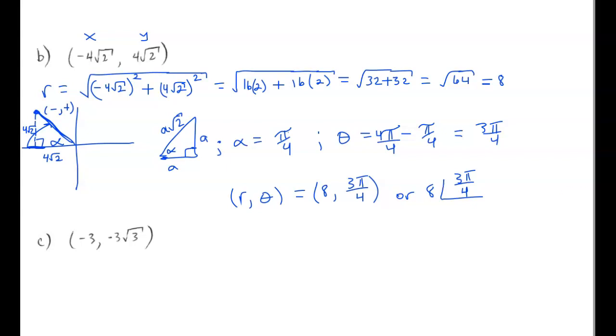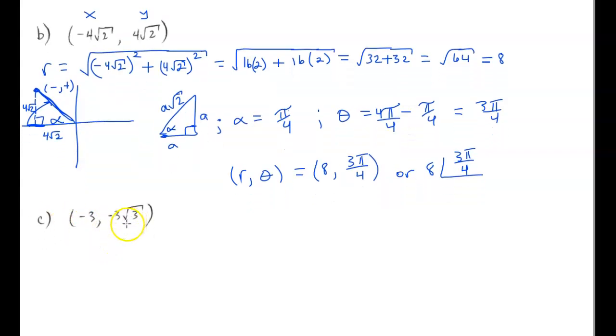So let's go ahead and do the third example here. For this one, I'm going to switch things up a bit. Notice that this point has a negative x coordinate and a negative y coordinate, so automatically that lets us know that we are in quadrant 3.